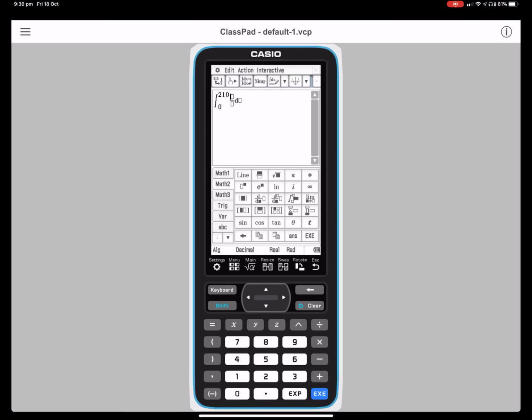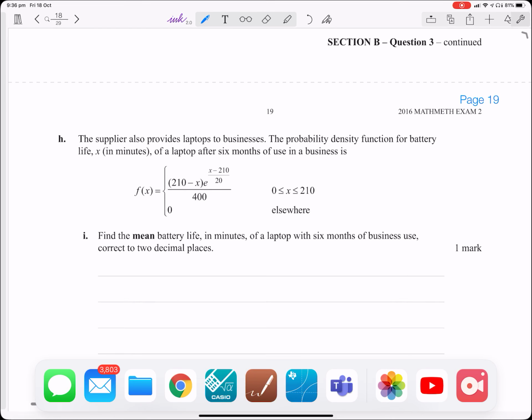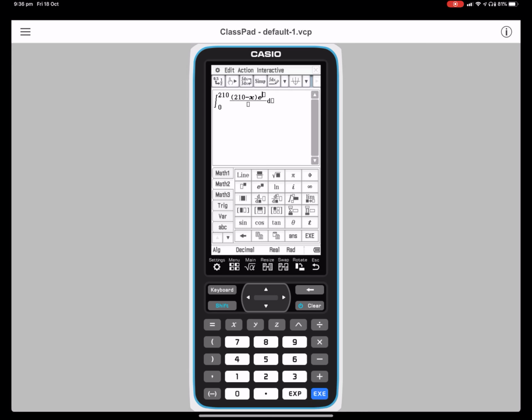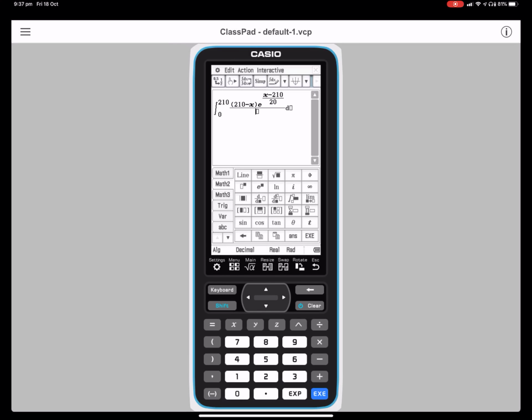210 minus x, e to the power of (x minus 210) on 20, divided by 400, dx.